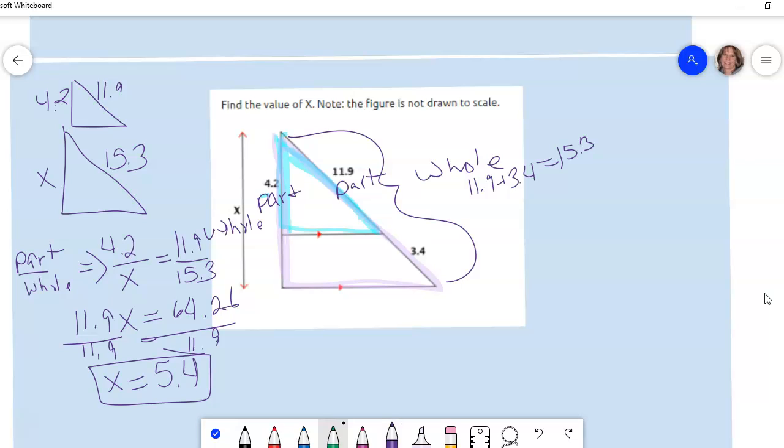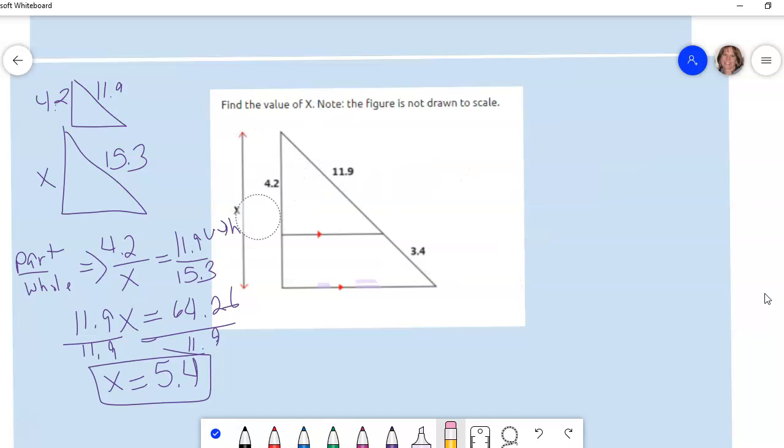Now, if you chose to go ahead and look at this instead of as a part to whole and went through it as a part to part, the only thing you need to remember to do is to add it back to the 4.2.